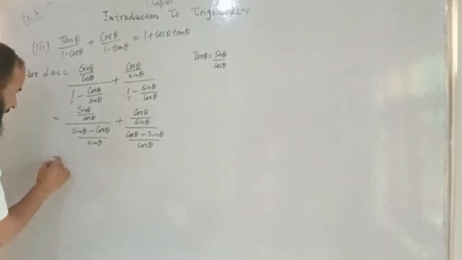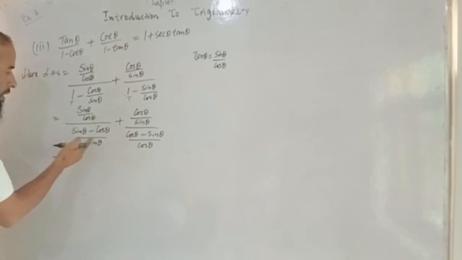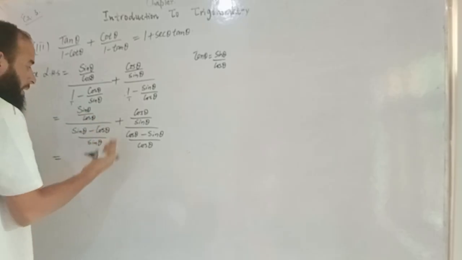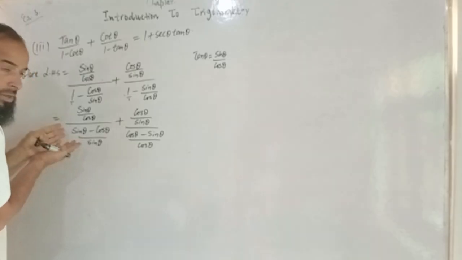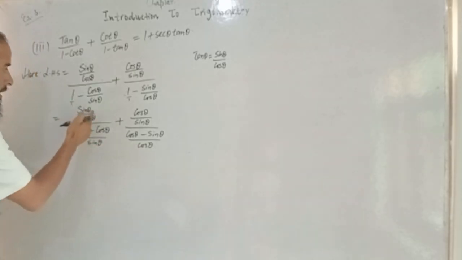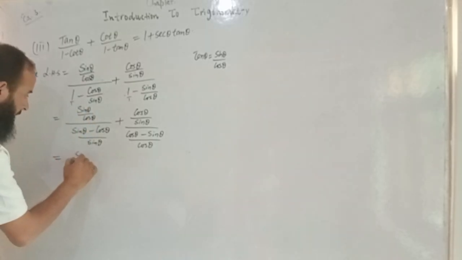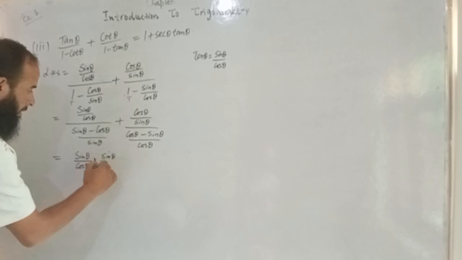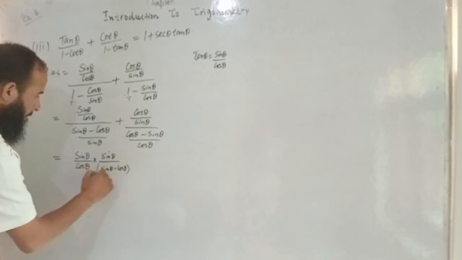So now these are two fractions, this one and this one. We will take the reciprocal. When we take them in multiplication, the second fraction is taken as its reciprocal to multiply with the first fraction, that is the upper fraction. It is sine theta upon cos theta into sine theta upon sine theta minus cos theta.